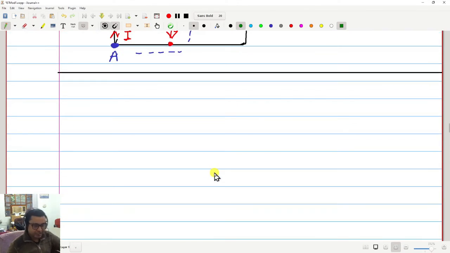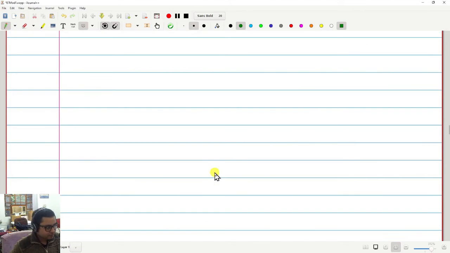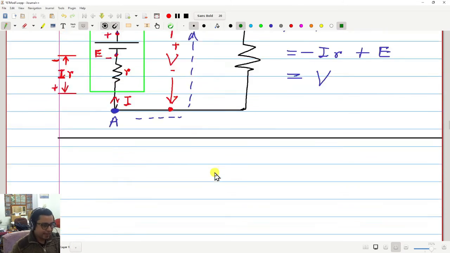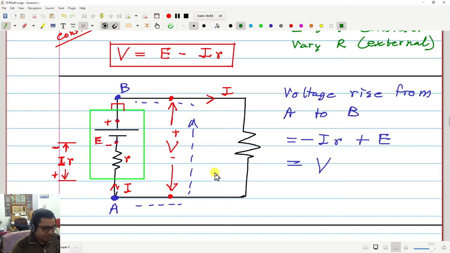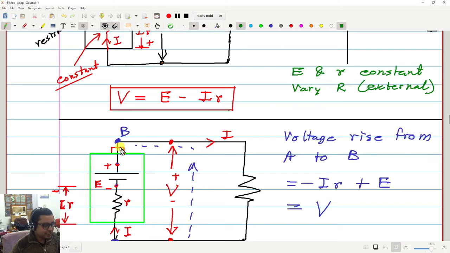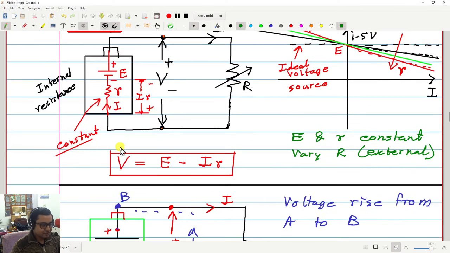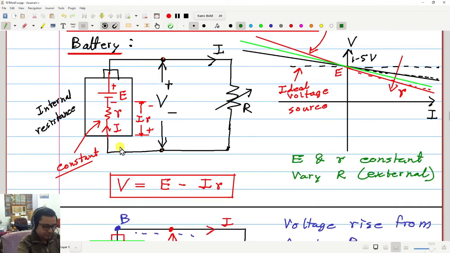Acha, now let me proceed. Sir, so here the voltage source is just the EMF, not the whole battery. It is basically the EMF that you cannot directly measure. How can you measure the EMF of a battery? Potentiometer experiment.